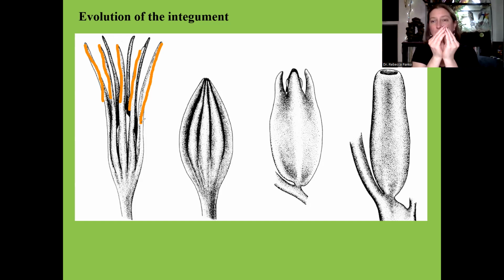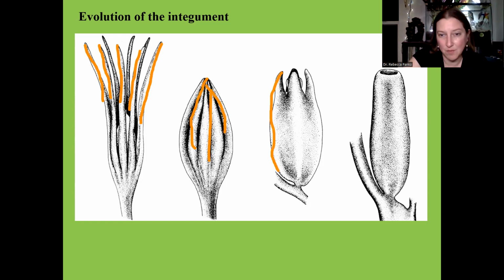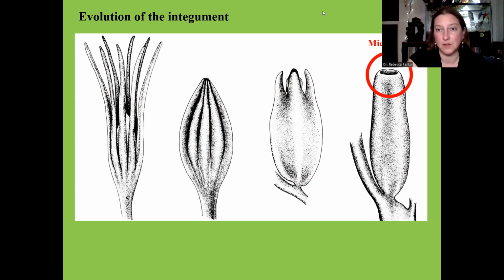Then over time there were slight adjustments. This is them starting to come together. Now the integument is more fused, but the top is still really open. And ultimately, this whole thing is the ovule, this is the integument, and here's that micropyle hole for sperm to enter, not swim. That's the micropyle.